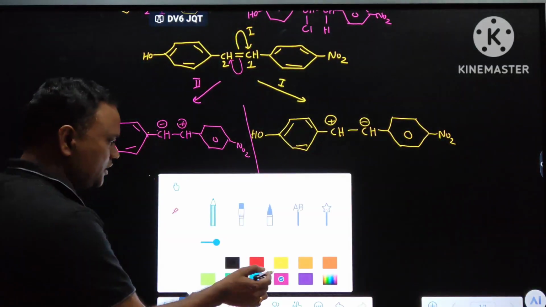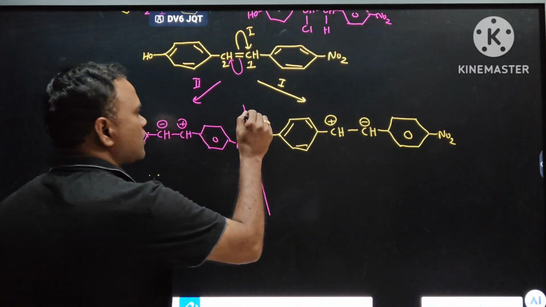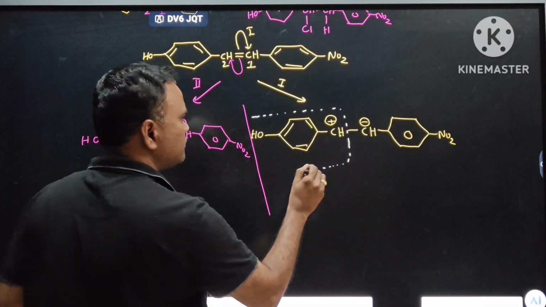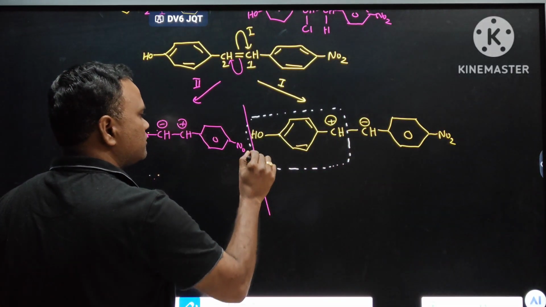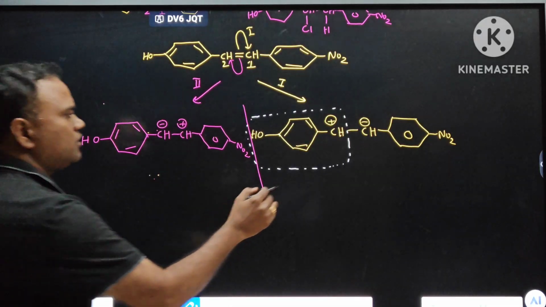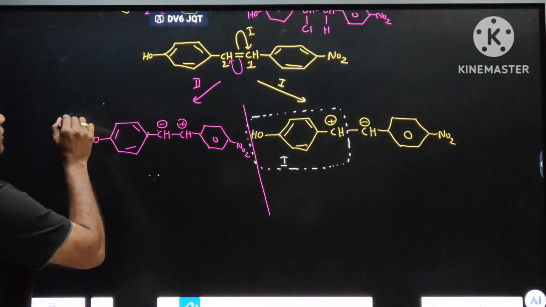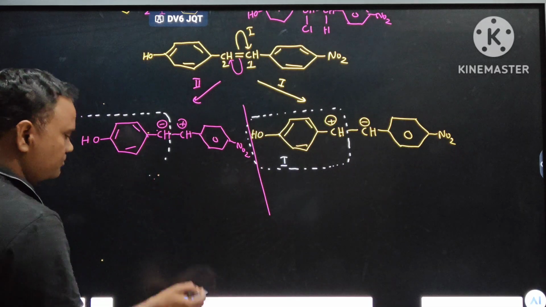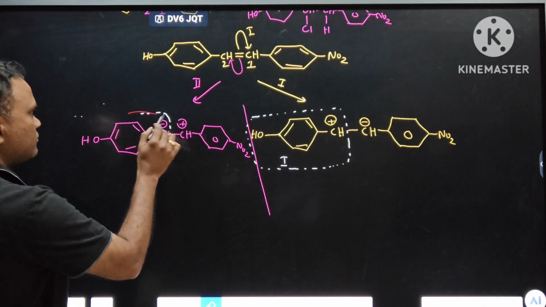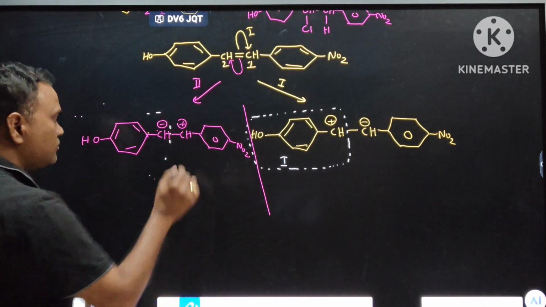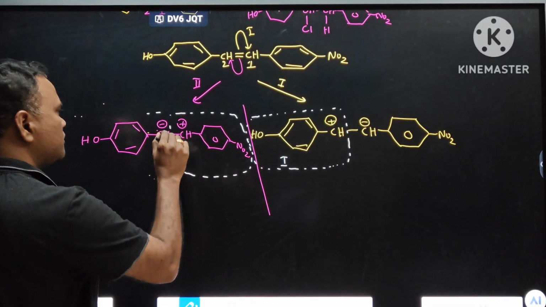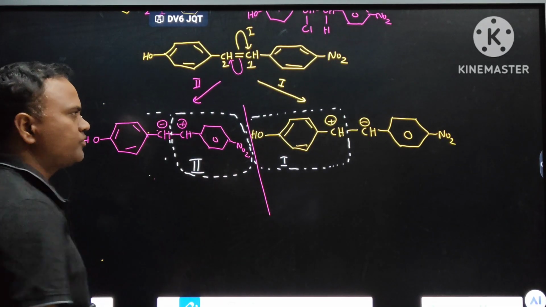See, take the carbocation part only. Roman number 1 and Roman number 2. Here, take the carbocation part only.